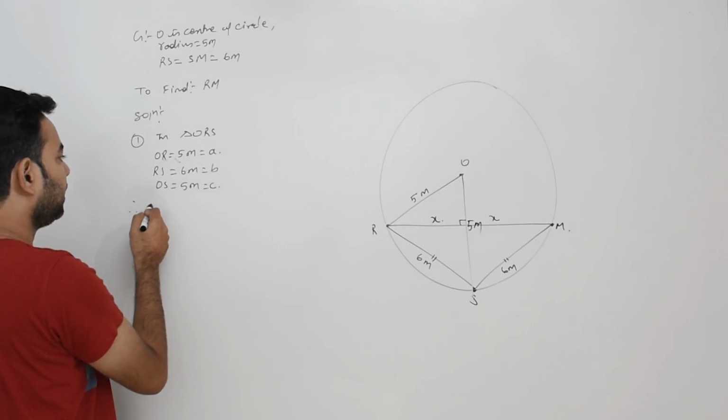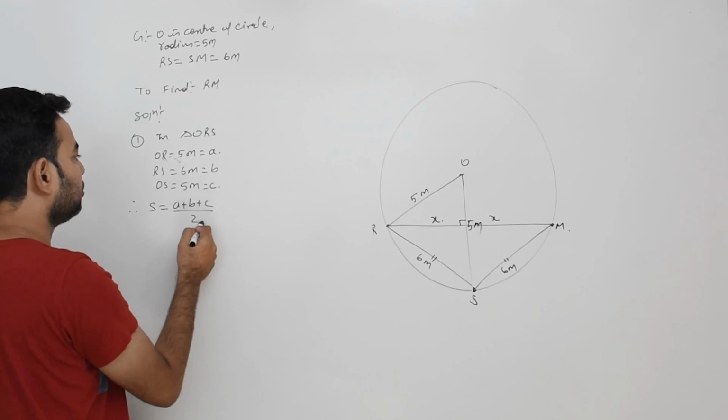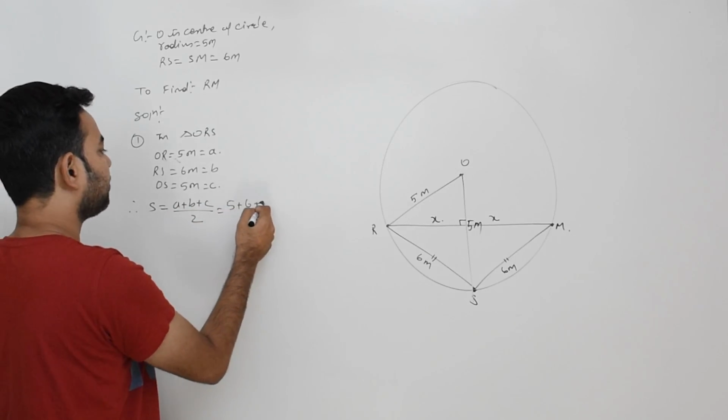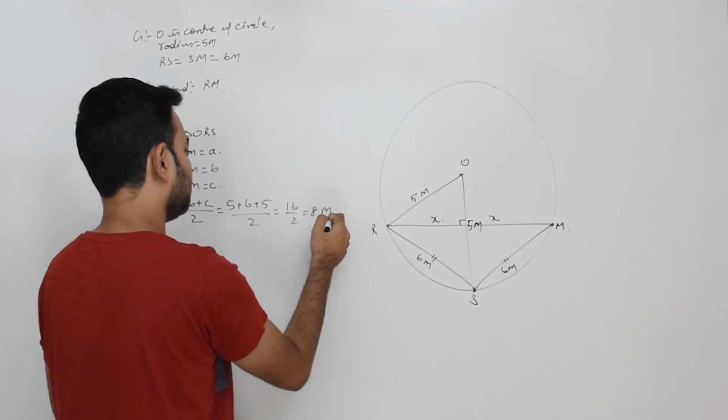So we will find the semi-perimeter. Semi-perimeter is (A plus B plus C) by 2, (5 plus 6 plus 5) by 2, it means 16 by 2, that is 8 meters.